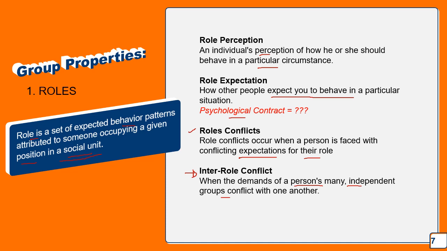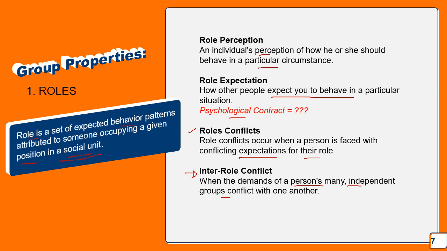So I have so many roles at one time, and these roles are conflicting with one another. I have a class at 2, so as a lecturer I have to attend it. But at the same time at 2, I have a meeting as secretary of Biz Club, so I have to be there as well.